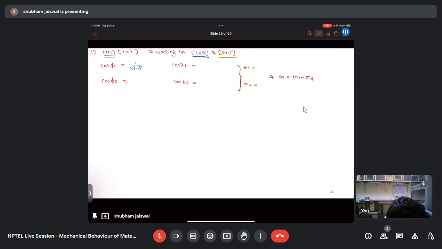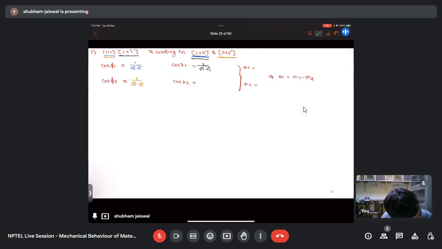So here also 1 upon root 3 into root 1. Okay. Now we need to find out the cos lambda 1, that is between this one and this one. So it comes out to be 1 upon root 2 into root 1.